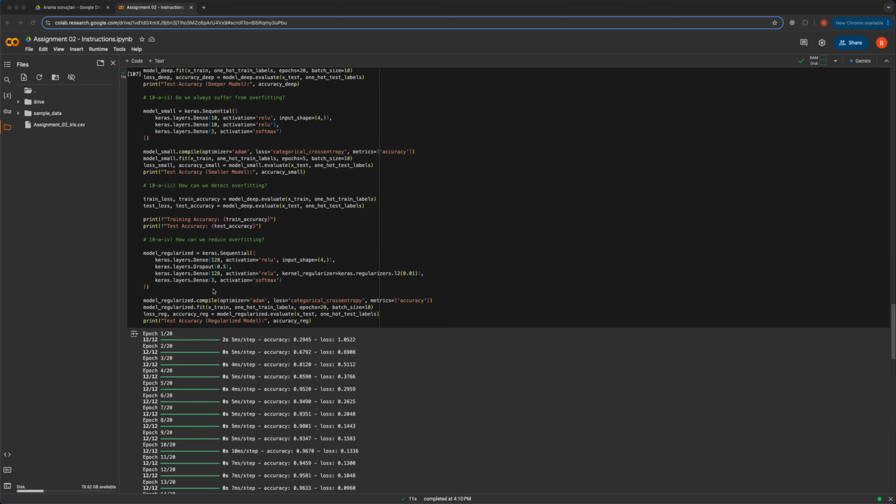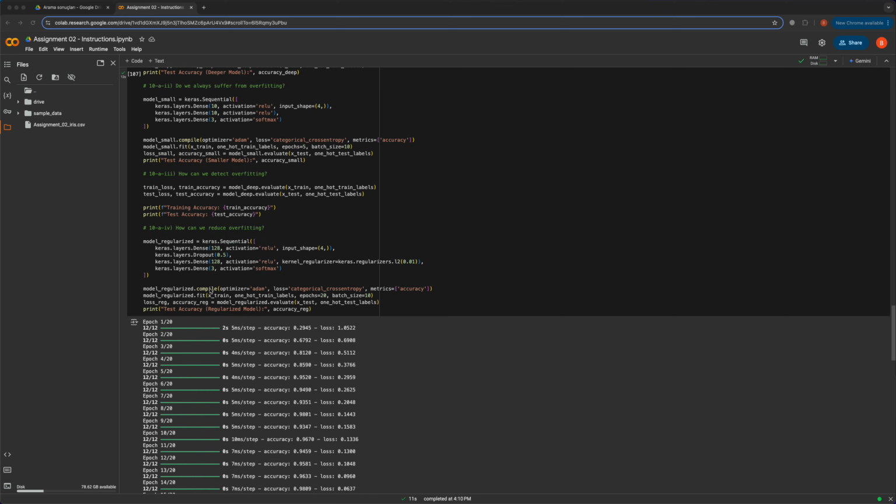L2 regularization adds a small penalty to large weights, forcing the model to be less complex. So you can see we compile and train this regularized model, and of course evaluate the accuracy of our regularized model.